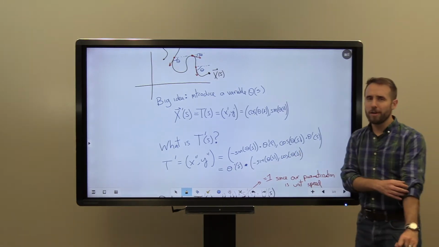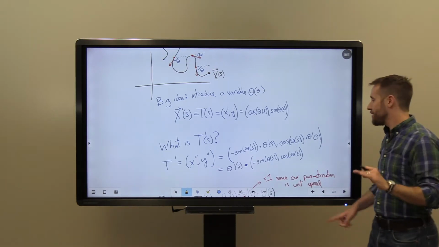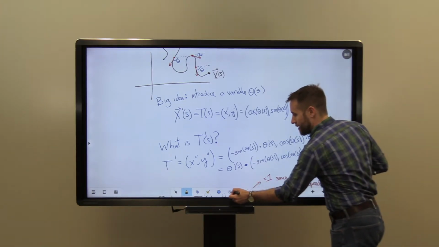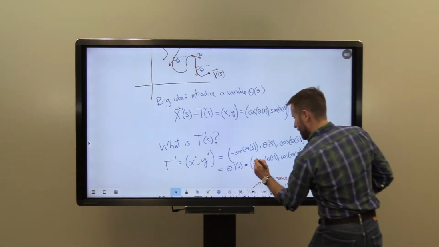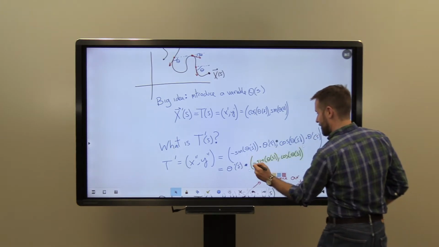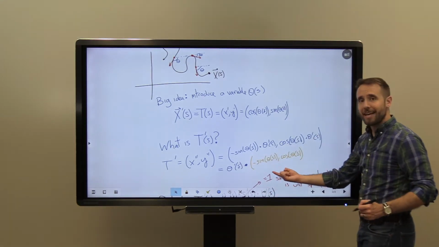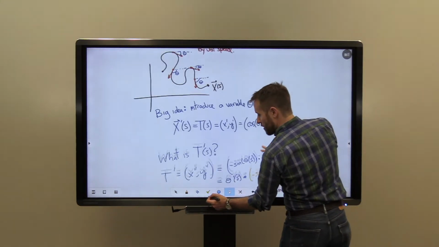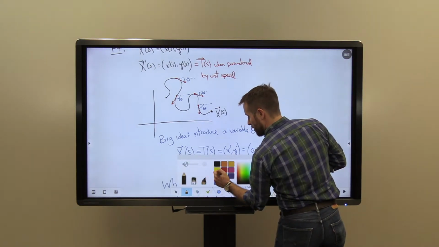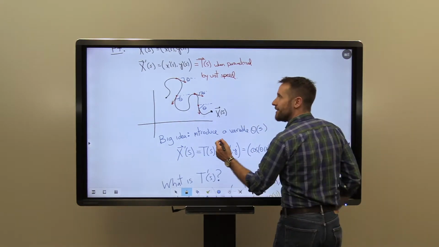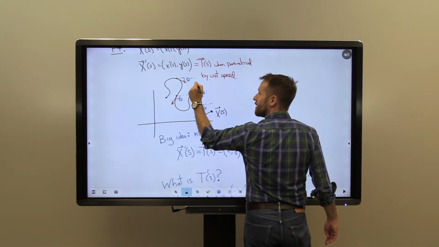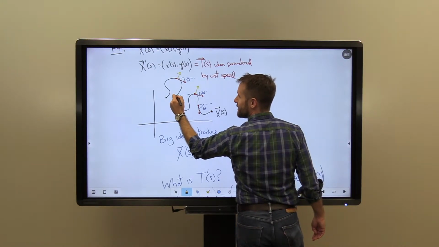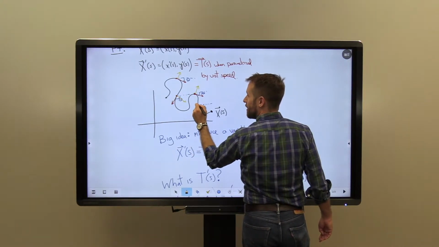Ooh, and if we're really observant and really clever here, we can notice that this vector, negative sine of theta comma cosine of theta, let me actually give that a color. Let's call that yellow. Negative sine of theta comma cosine of theta is exactly the vector that is normal to the curve in each of these cases.